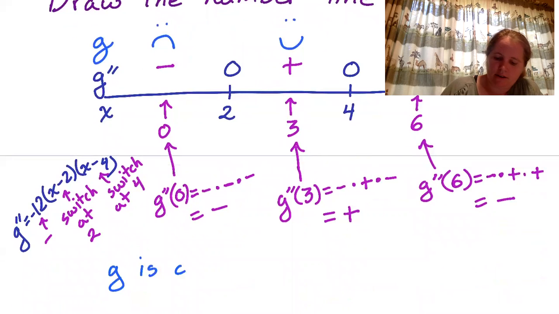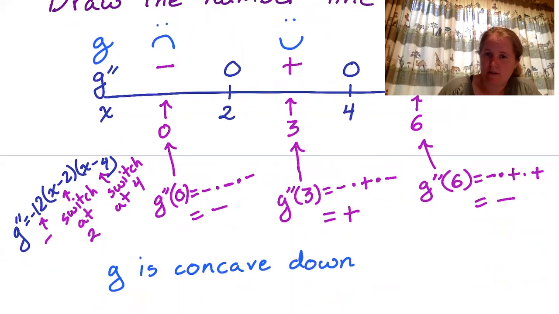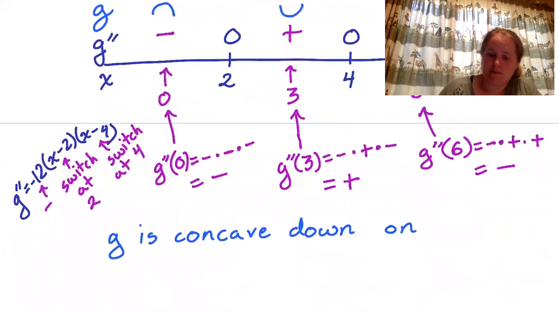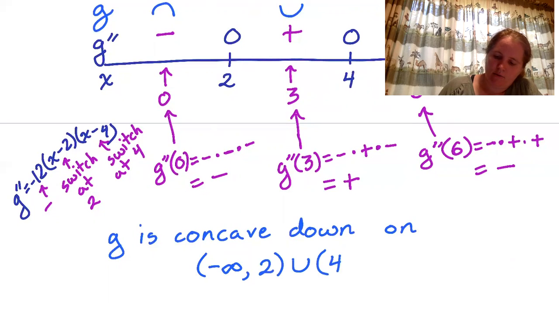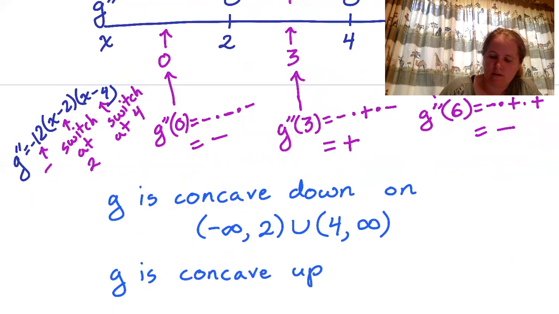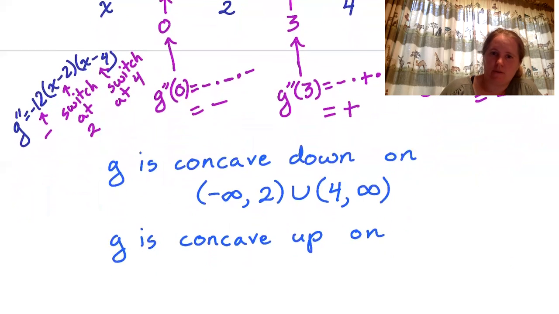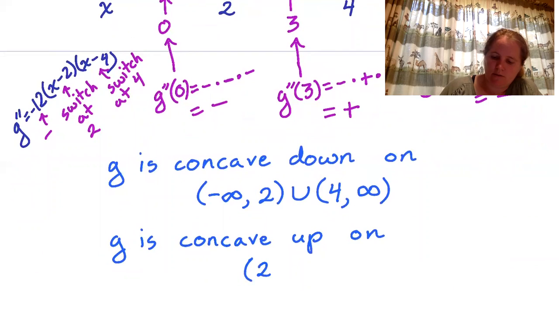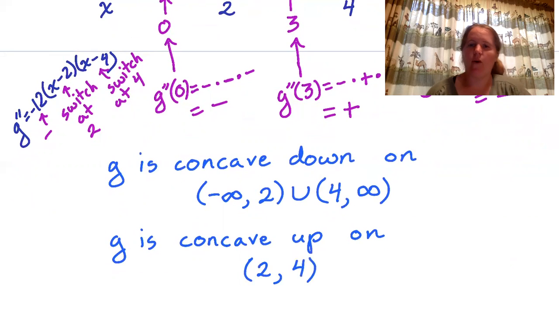So g is concave down on the interval from negative infinity to 2, and then again from 4 to infinity. And g is concave up on the interval from 2 to 4.